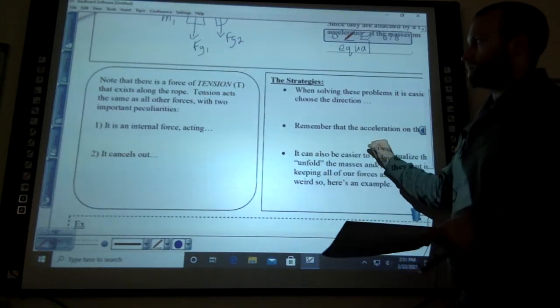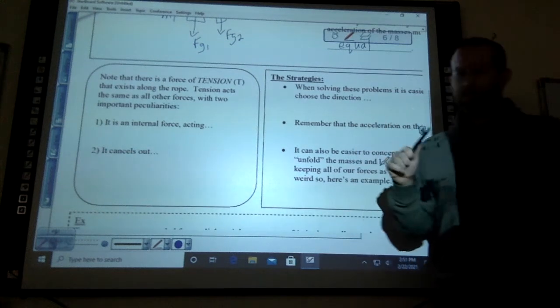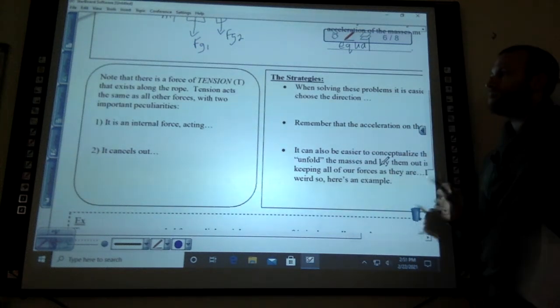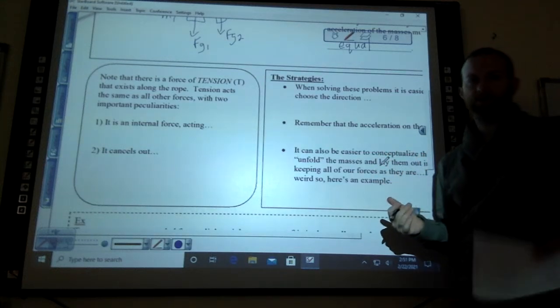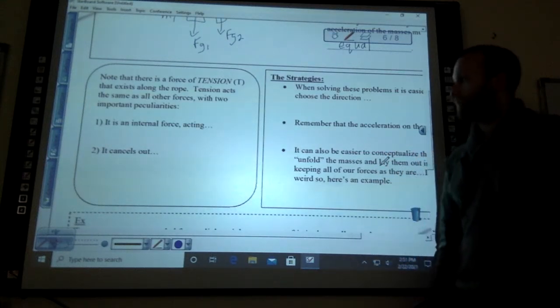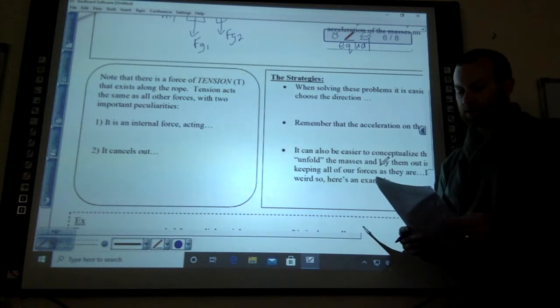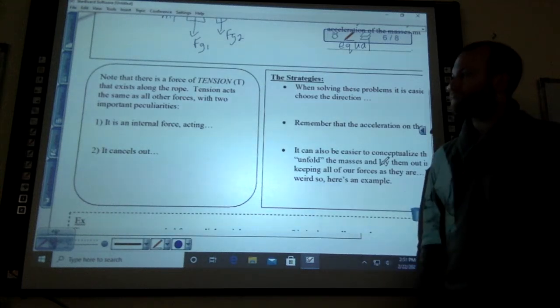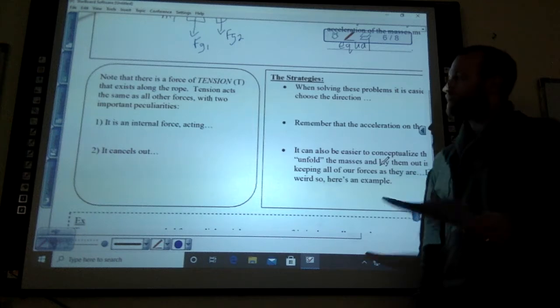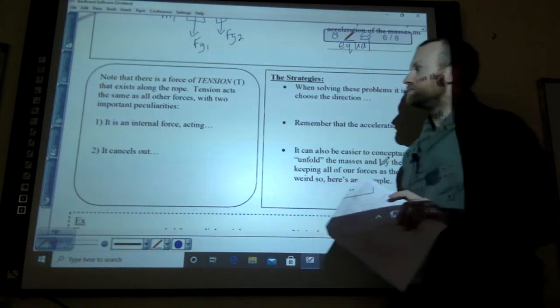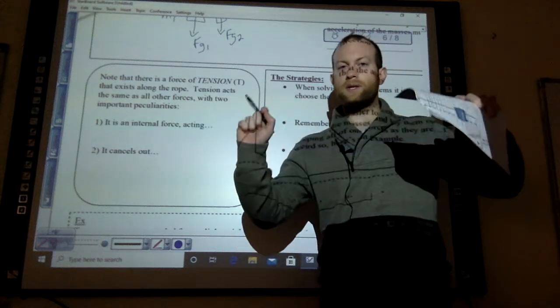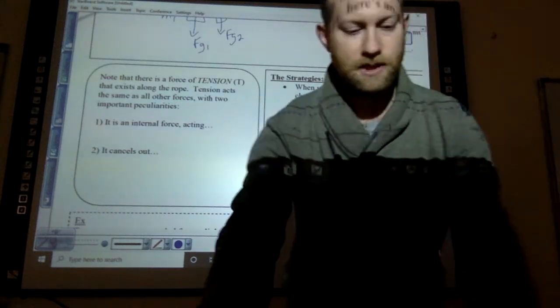Note a few things here. So tension is a force that exists on a rope, and it acts the same as any other force. So it's just like a push or a pull, with two important things. So first of all, it's an internal force, meaning it acts in both directions in the middle of the rope. So if you've got a rope that's stretched across, at any point in here, it's going to act the same.